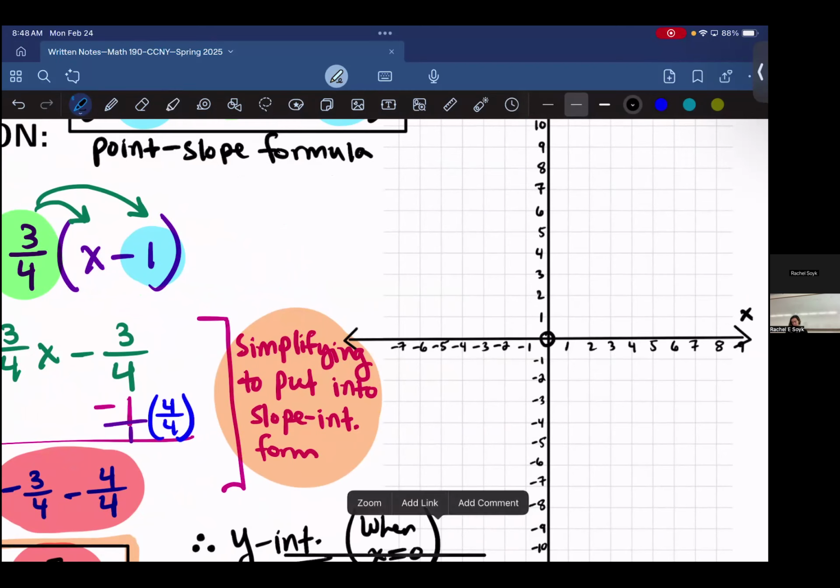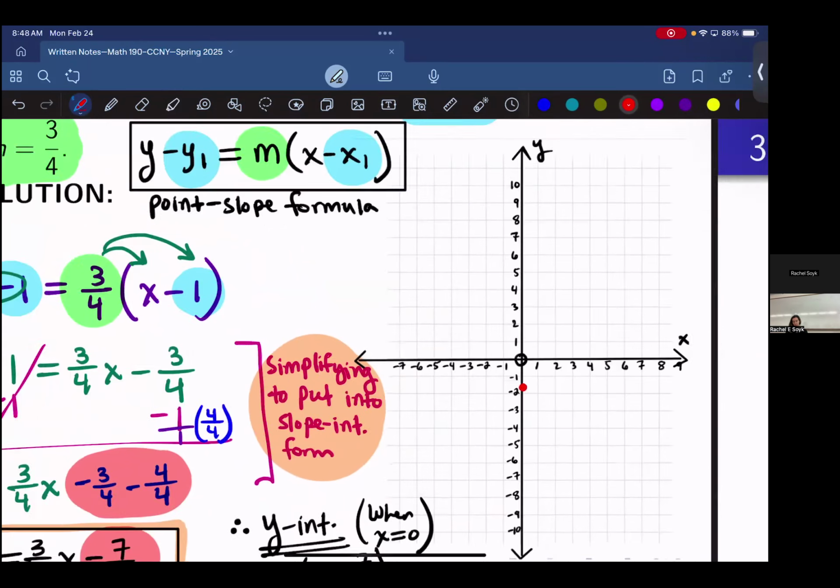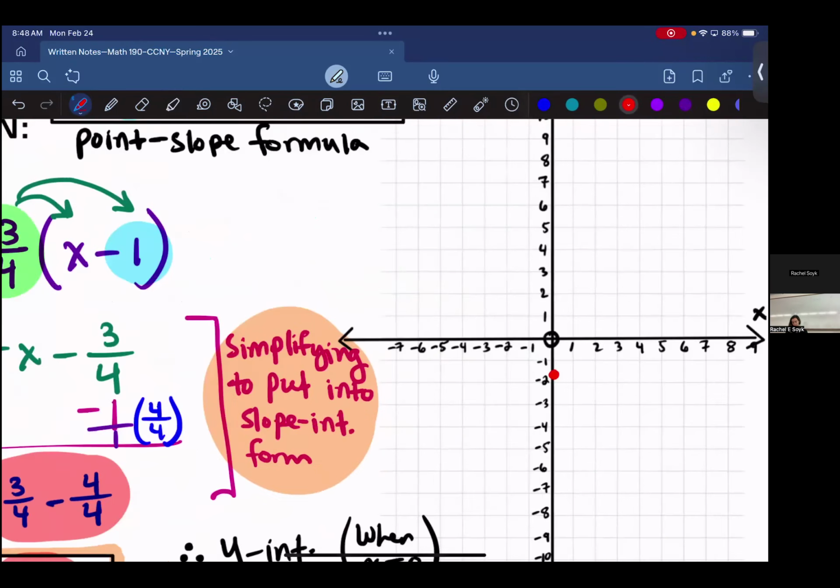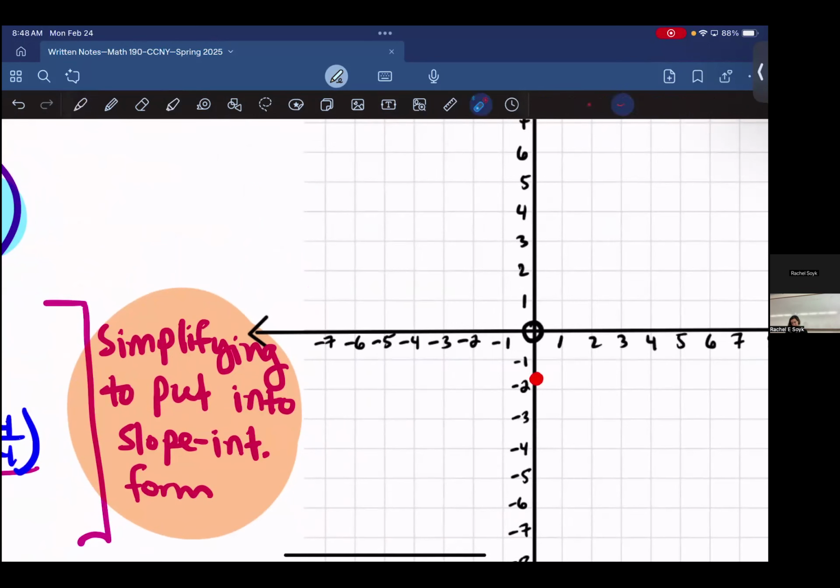So between -1 and -2. And now from here, we want to utilize our slope, up 3 over 4. So we're going up 3: 1, 2, 3, and then over 4. So this will be 1 point.